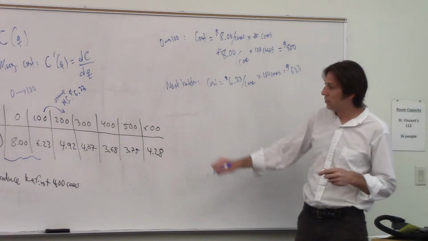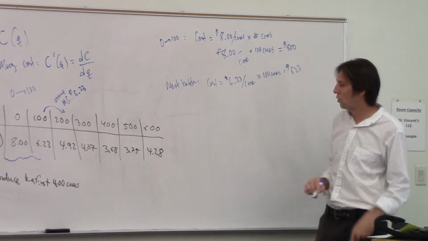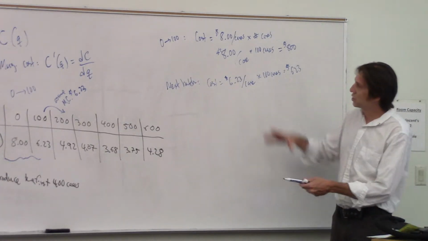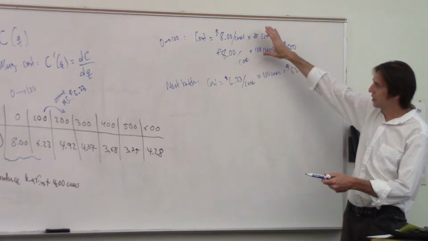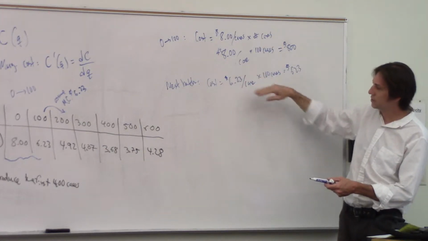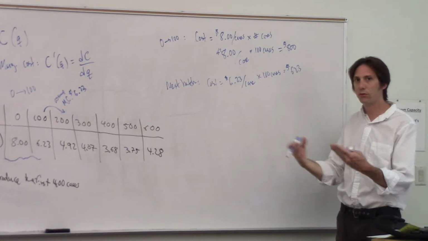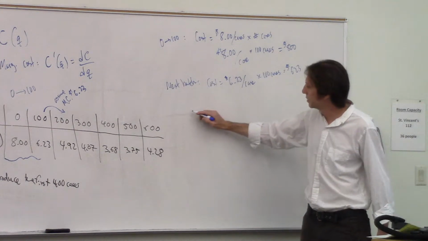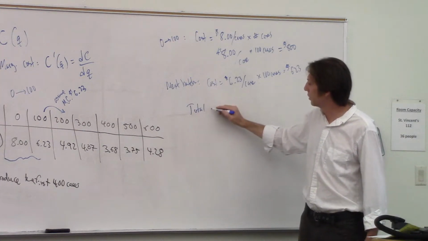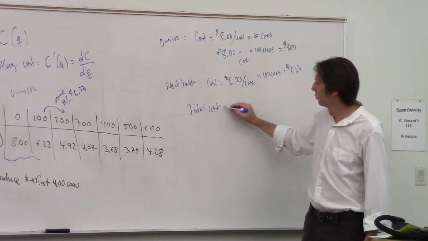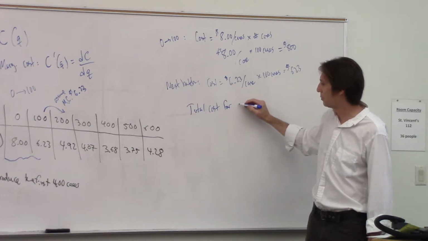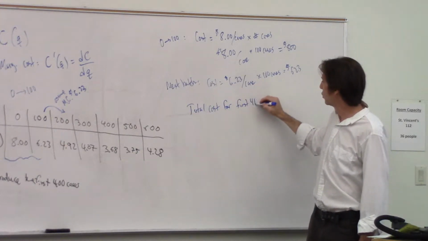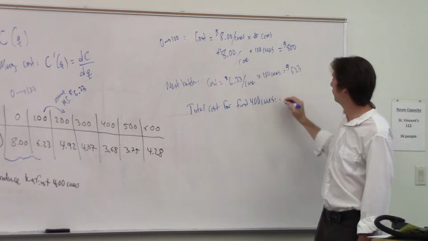So if I want to know the cost to produce the first 400 cases, I can compute the cost like I've been talking about for each batch separately, and then I add up those costs. So here's what this total cost calculation will look like. This is total cost for the first 400 cases.